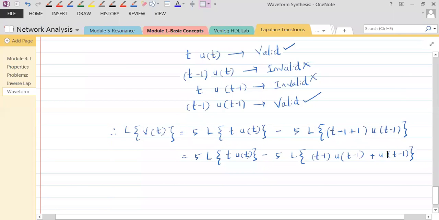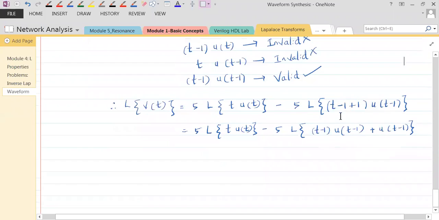Some of you may get confused. How is that possible? So if you want to justify that, in these two terms, which is the common term? U of t minus 1 is the common term. Take that out. What would be left if you take u of t minus 1 common? It would be t minus 1 plus 1. So that is this. You can work that out. If you don't understand, sit, look into it with patience, you'll understand.